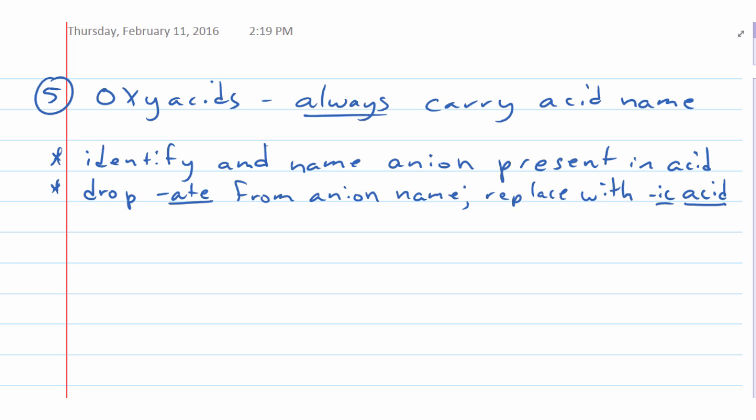Most of those anions end with ATE, but sometimes one ends with ITE. If it ends with an ITE suffix, we drop the ITE suffix from the anion name and replace it with the suffix OUS acid.